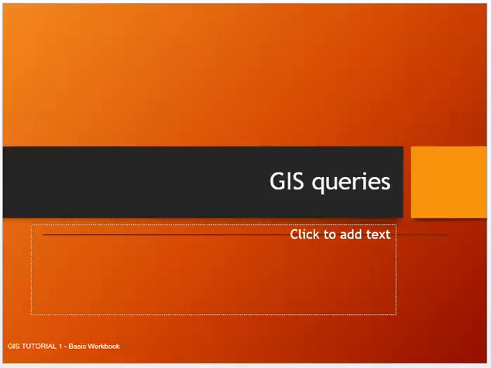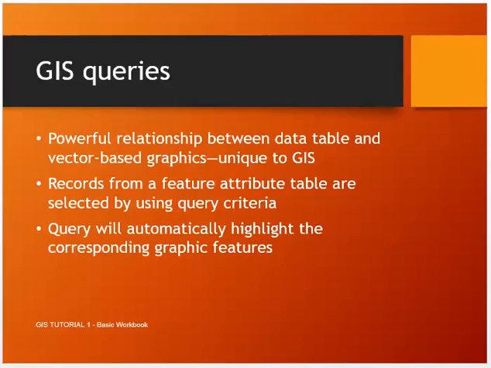All right, let's talk really quickly about queries, and then I'll let you get started on your assignment. Queries. This is where we can pull out the data that we're interested in. You can select data using a tool in ArcMap, where you just select the data.